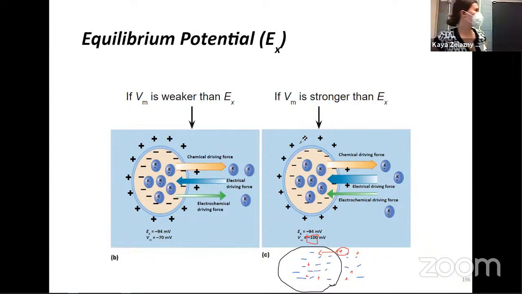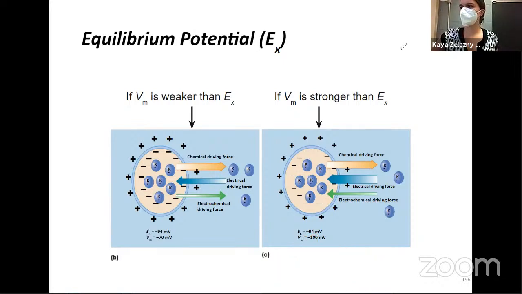Next time we see this, we'll try drawing a flow chart too, just in case thinking about it this way isn't helpful for you. But I like thinking about it this way, just like what do we need to do to get to that equilibrium potential? Because then there's really almost only one rule you have to remember to figure out what's going on with the electrochemical driving force.